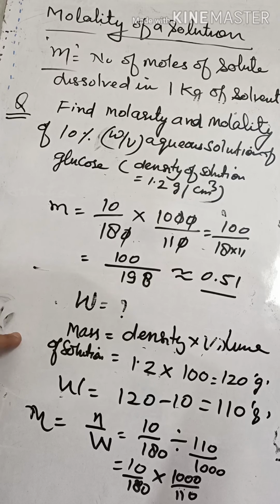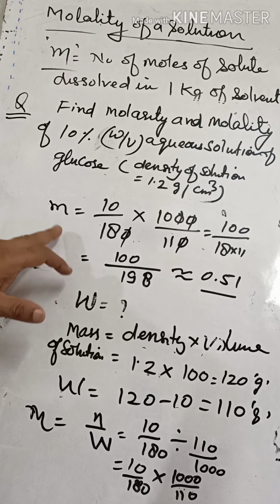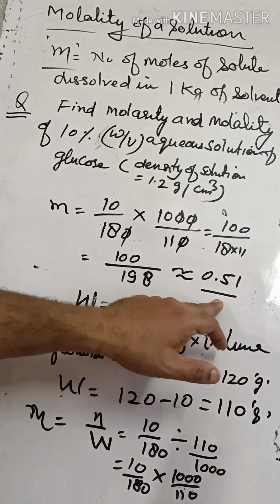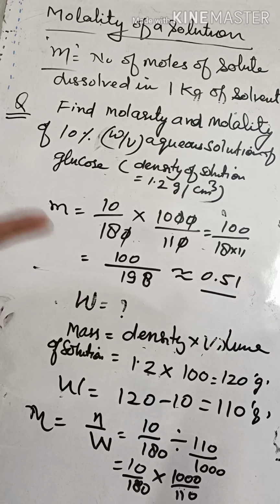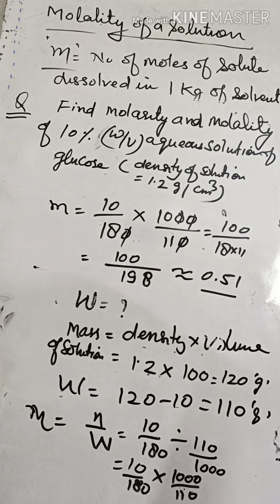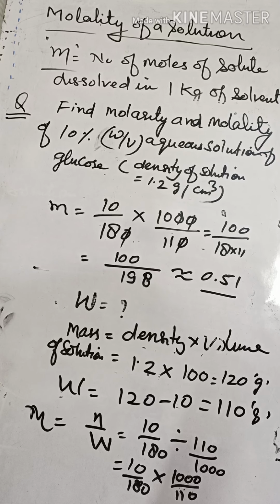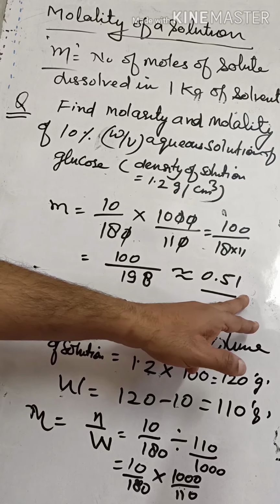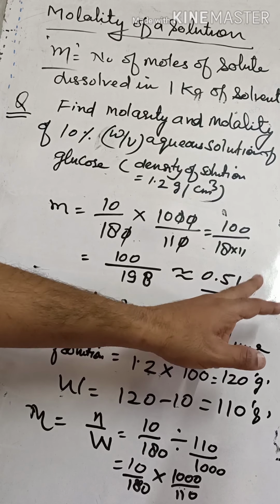So molarity is 0.55 and molality is 0.51. For the same kind of solution, which value is greater? Molality is greater than molarity. What is the unit? Mole per kg.